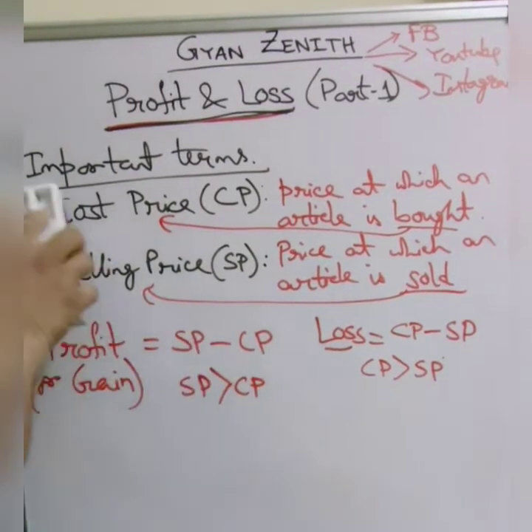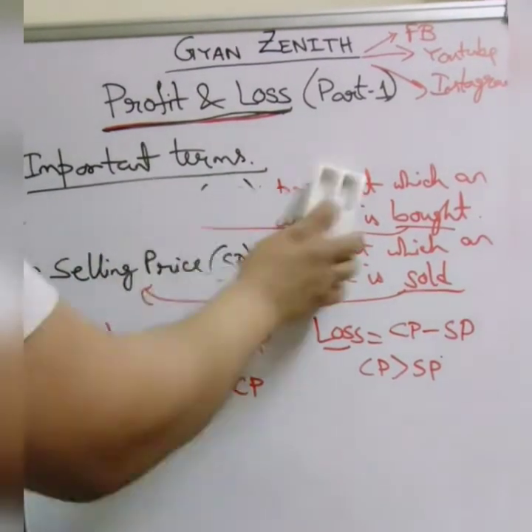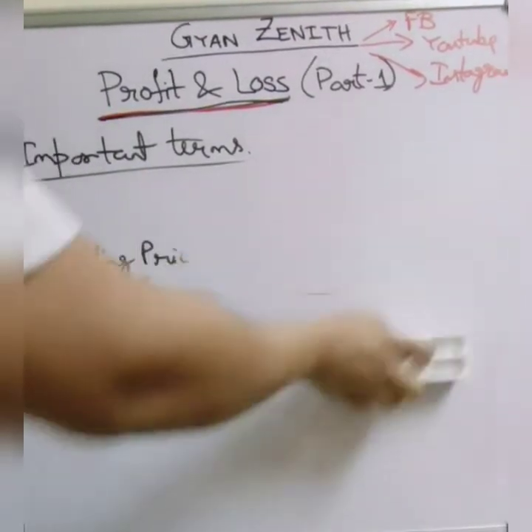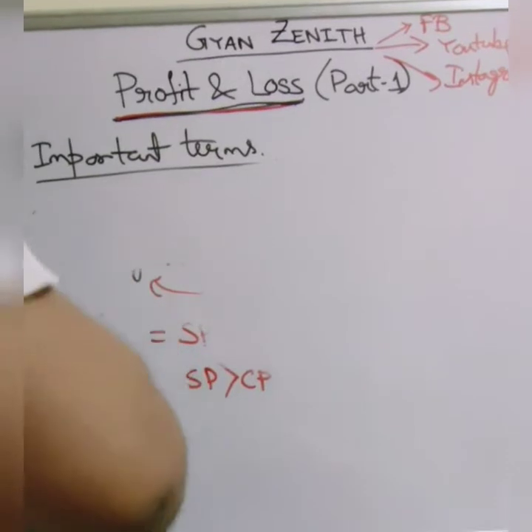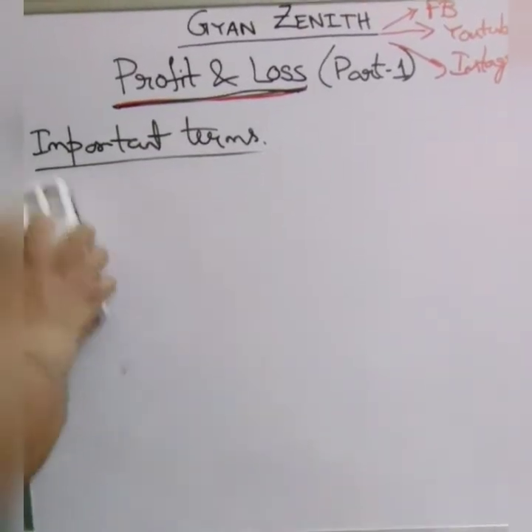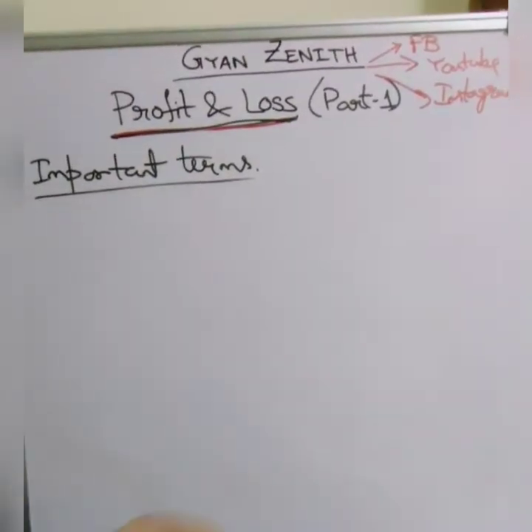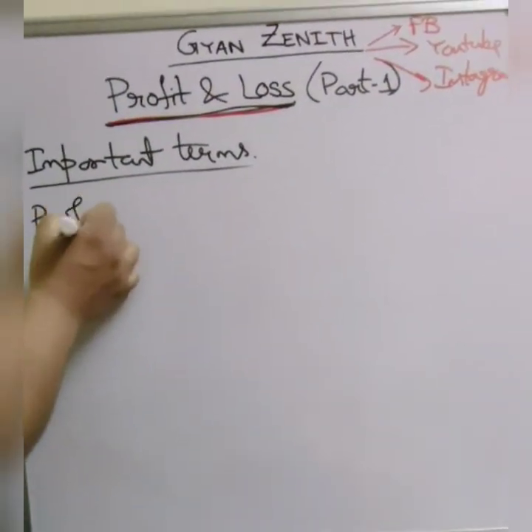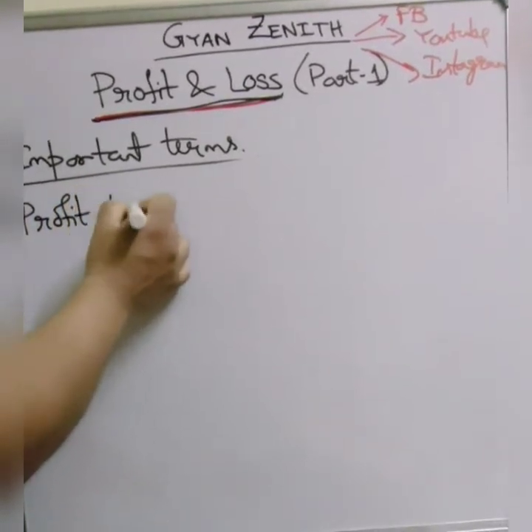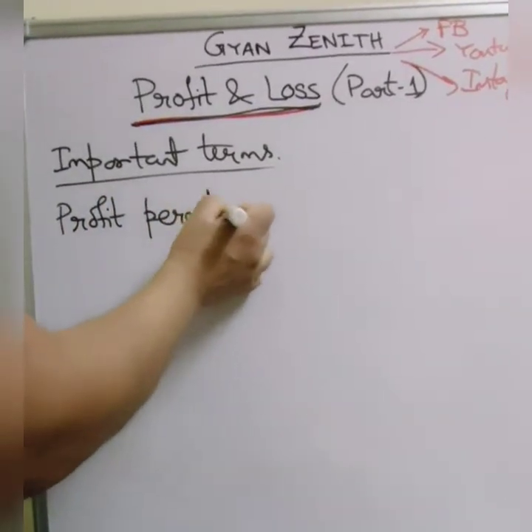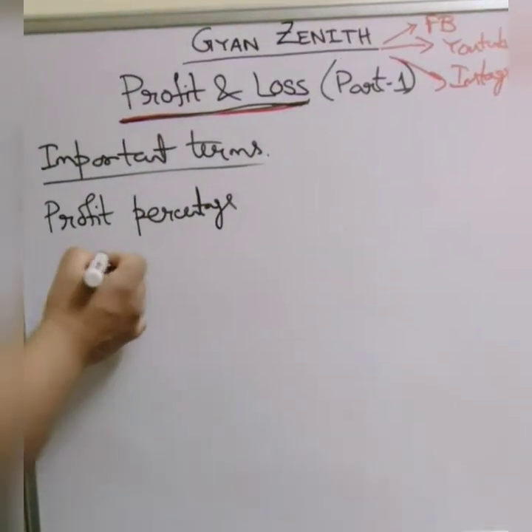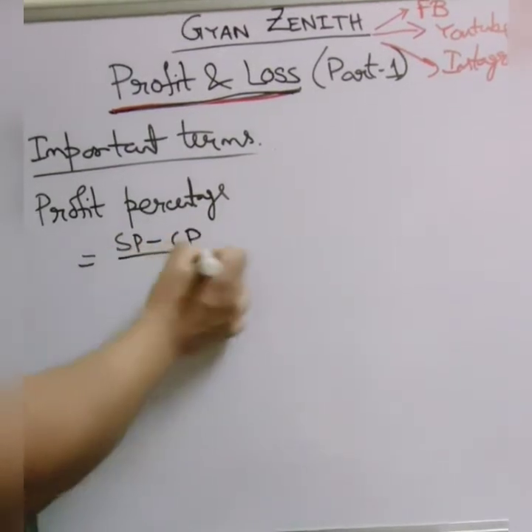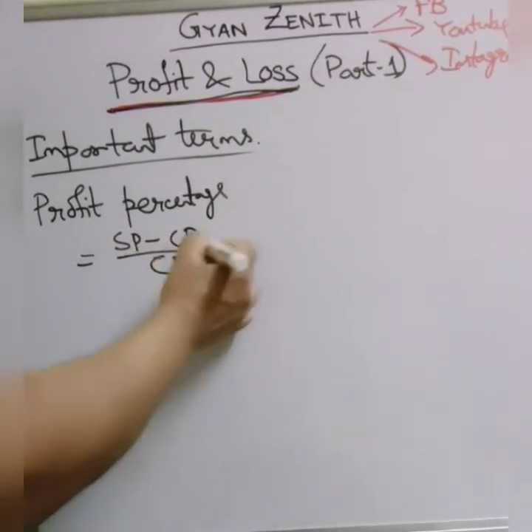Now we'll go to the next one. So next is profit percentage. Profit percentage is SP minus CP by CP into 100.